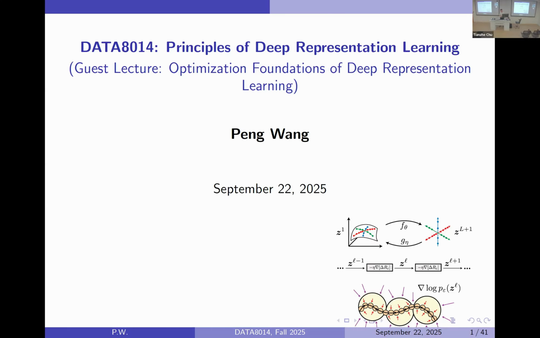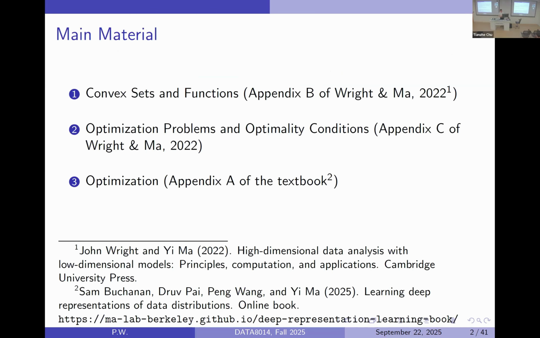Today, I will mainly introduce some basic knowledge of convex optimization and non-convex optimization, and also some optimization algorithms for solving these problems. Our main material today is based on the following three sections in the book. The first and second are from the book High-Dimensional Data Analysis with Low-Dimensional Models.